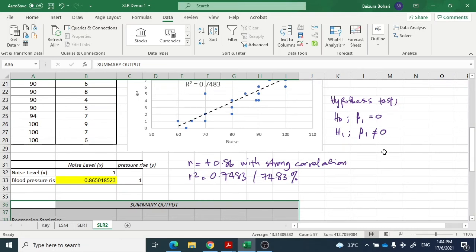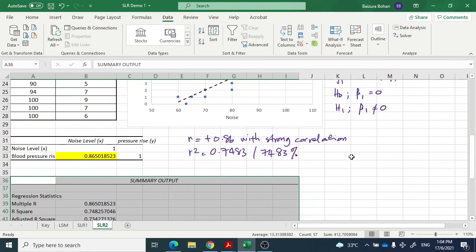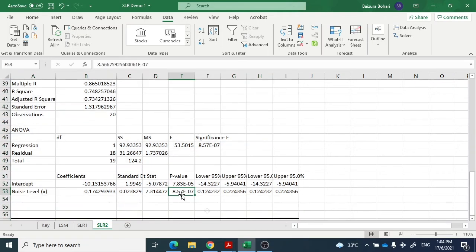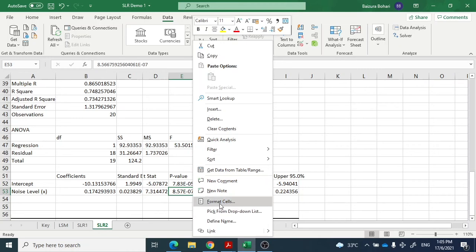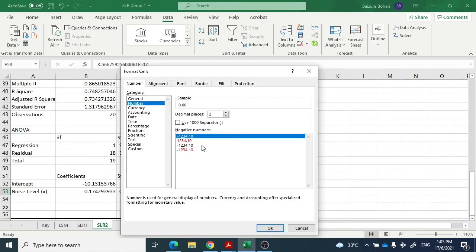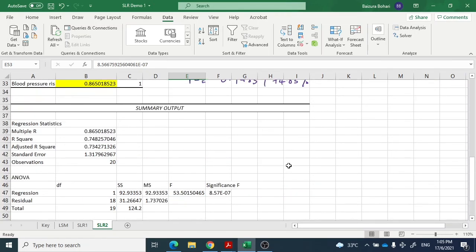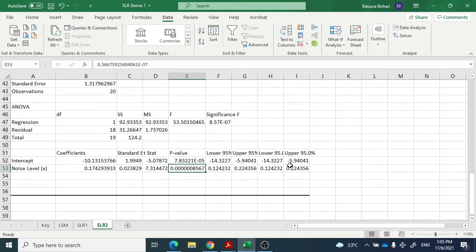So we need to go and look at our p-value, which is this one. Format cell, number. So for this p-value, it's going to be around 0.00001.